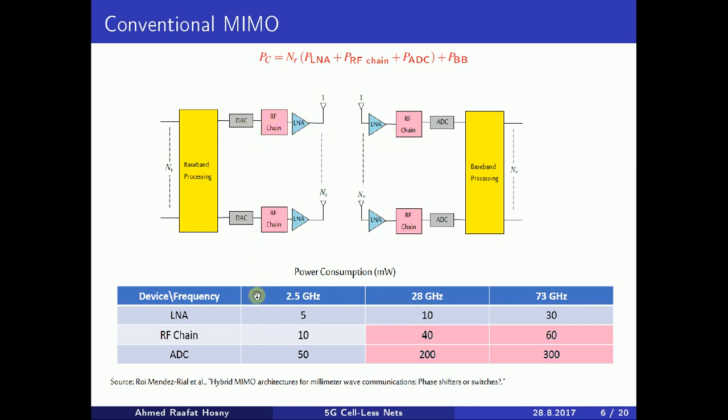As we can see in the table below, the RF chain and ADC are the most power consuming devices, especially at millimeter wave frequency. So this architecture is power consuming and also expensive at the millimeter wave band. So conventional MIMO becomes challenging at the millimeter wave frequency band.